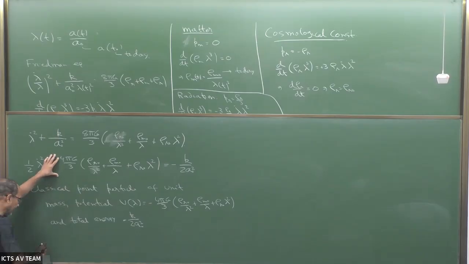So the acceleration lambda double dot, of course, it's trivial, you can just differentiate it and find it, right?